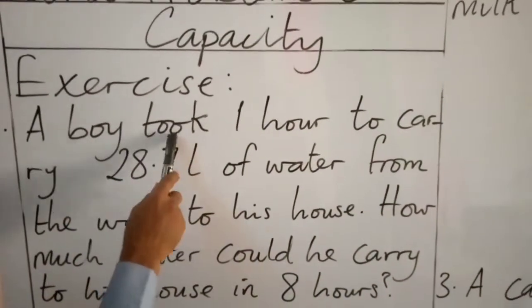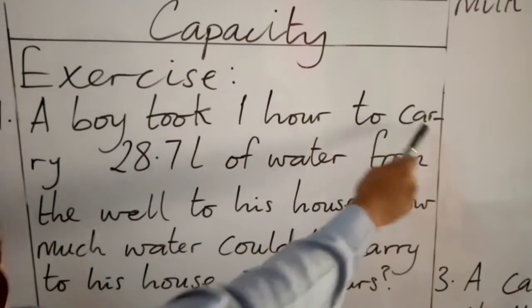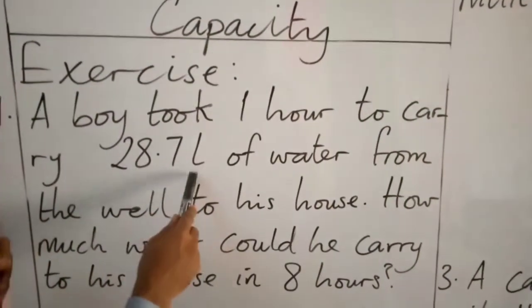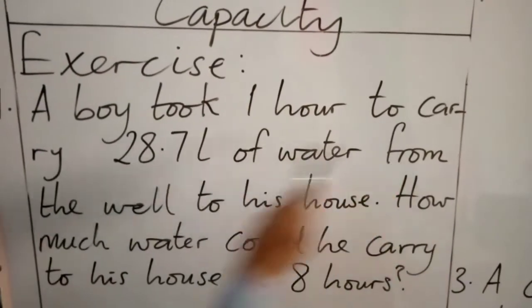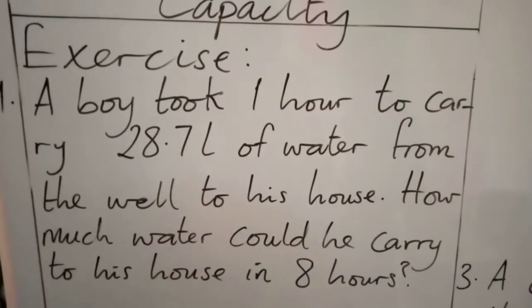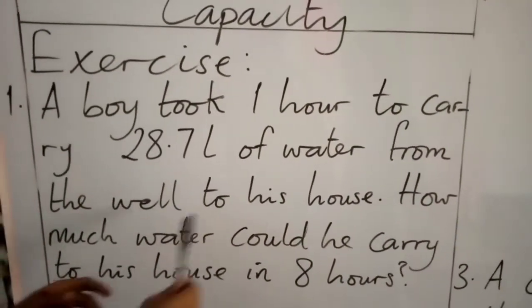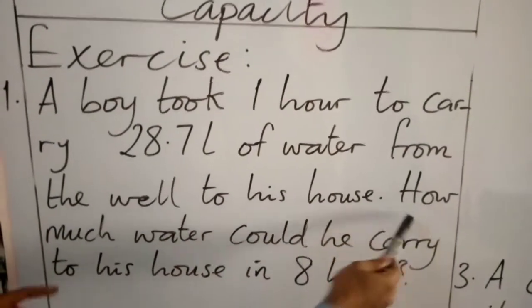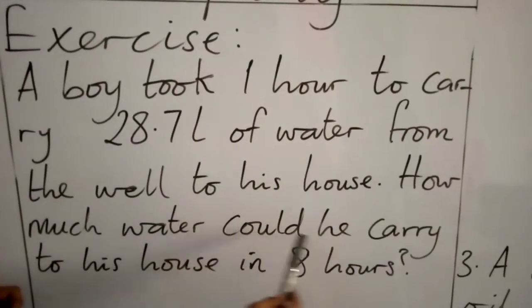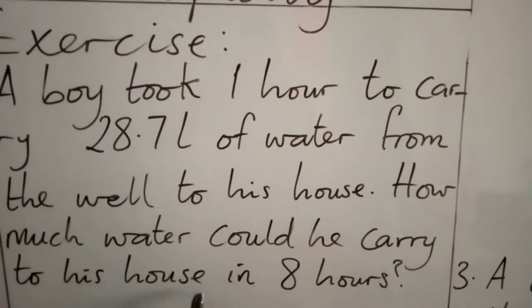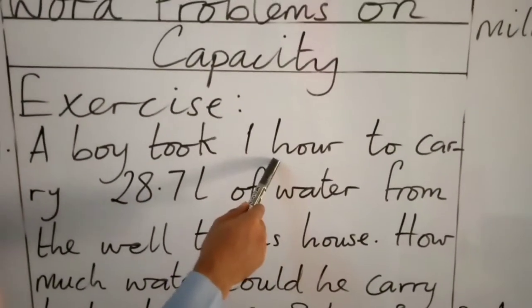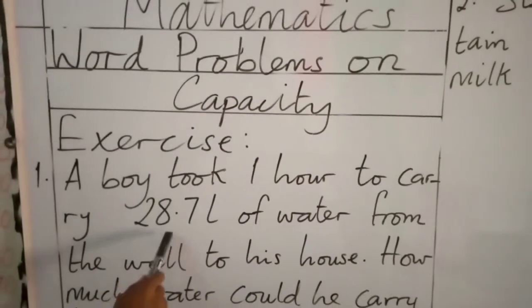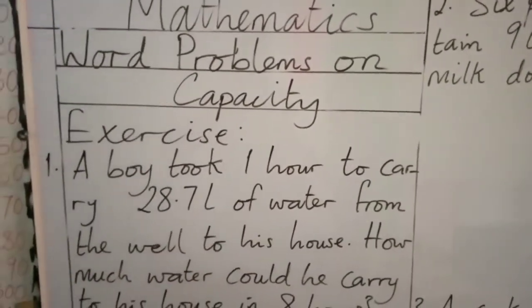A boy took 1 hour to carry 28.7 liters of water from the well to his house. How much water could he carry to his house in 8 hours? Now, 1 hour took him 28.7 liters. So let's go with this.